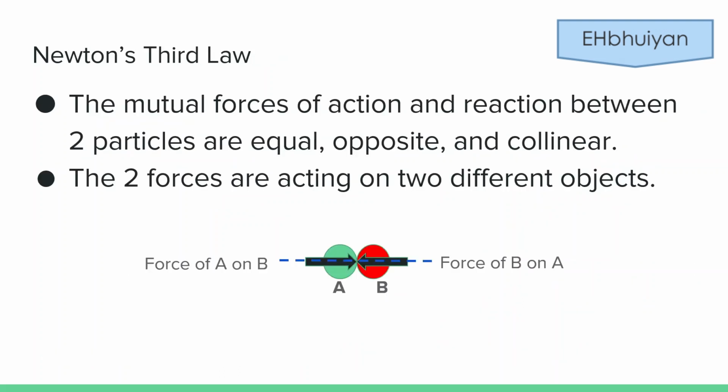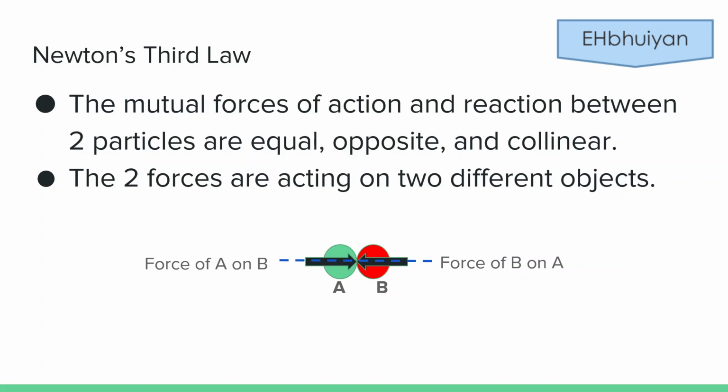Newton's third law: the mutual forces of action and reaction between two particles are equal in magnitude, opposite in direction, and the forces are collinear. Let's take a look at objects A and B. Let's say if object A exerts a force on object B, then object B also exerts a force on object A that is equal in magnitude, opposite in direction, and collinear, meaning on the same line of action.